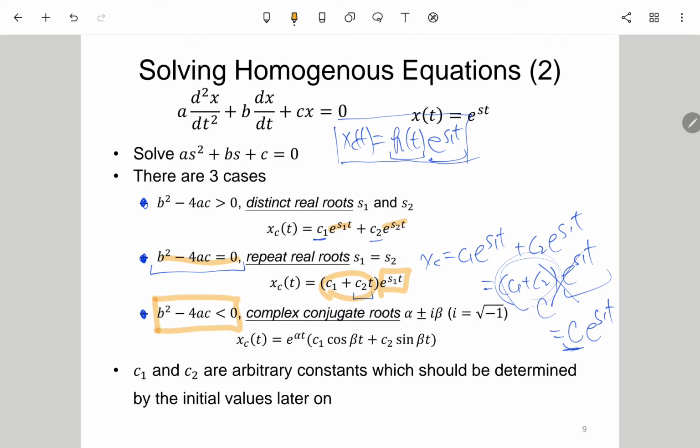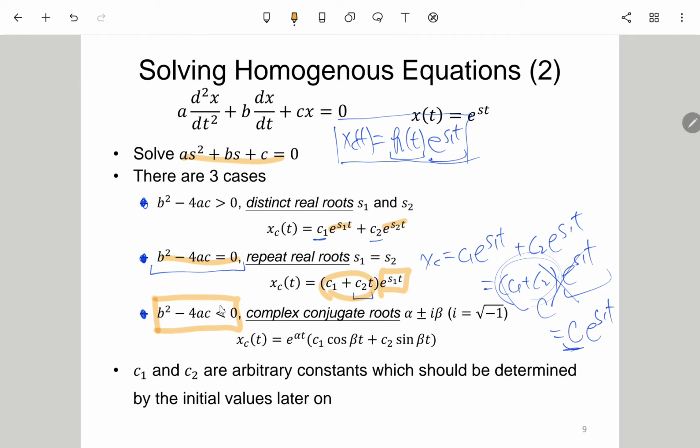Even when you learned it in junior school for the second order algebraic equation, when b squared minus 4ac is less than 0, you know the solution is a complex number, which is supposed to be the most bothering thing, because at least you need to know that i equals square root of -1.